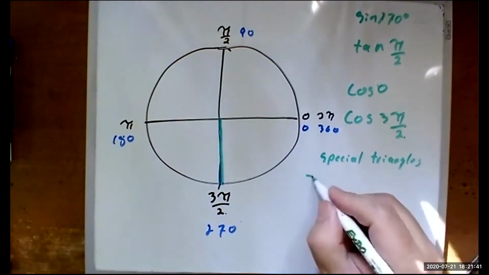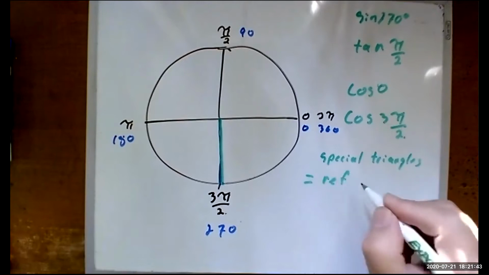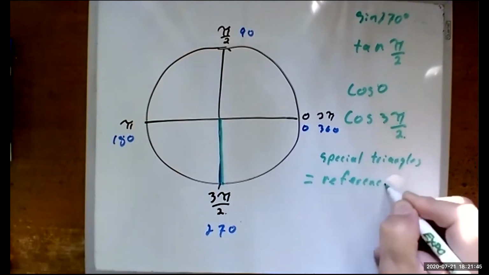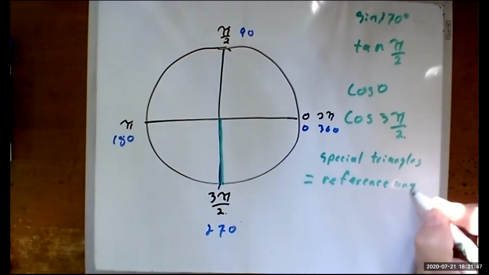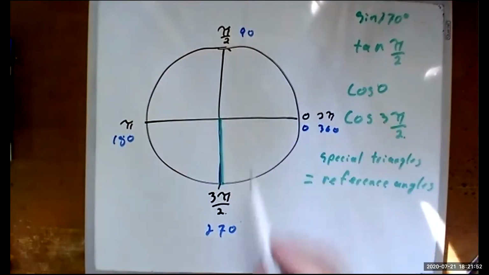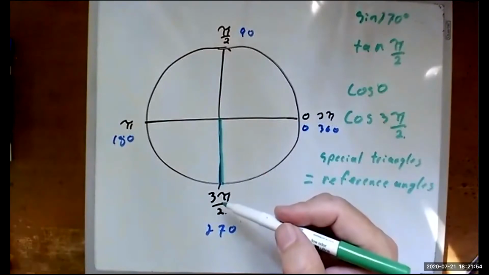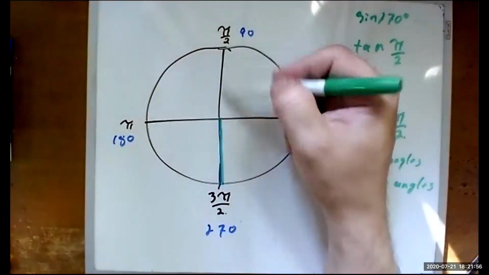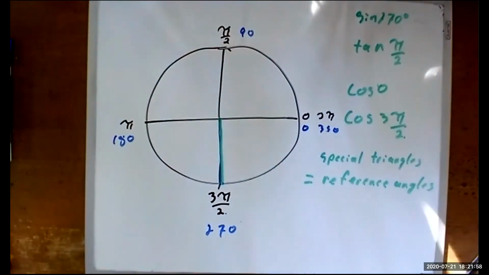Special triangles means reference angles. Reference angles are always between 0 and 90. So if I'm here at 270, that immediately means that my reference angle must be 90.